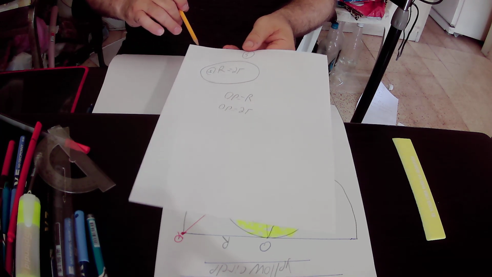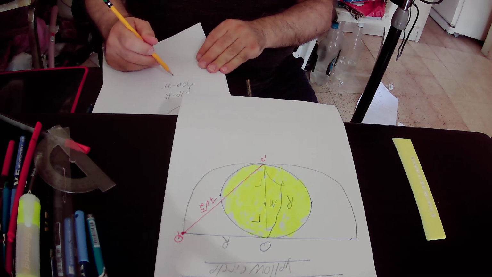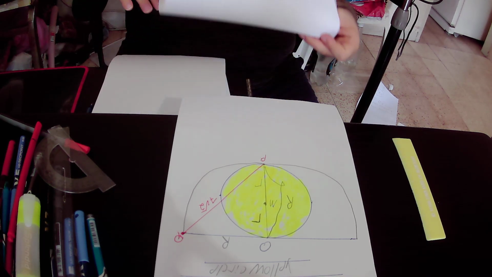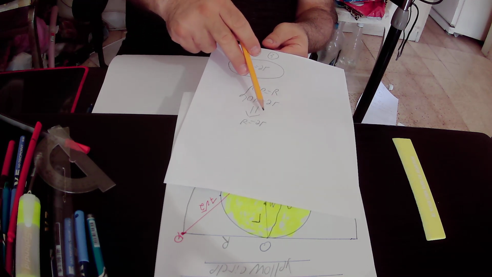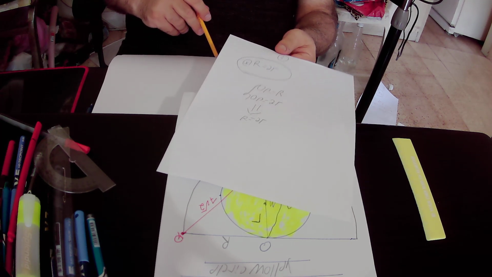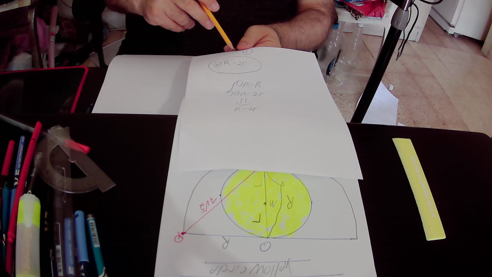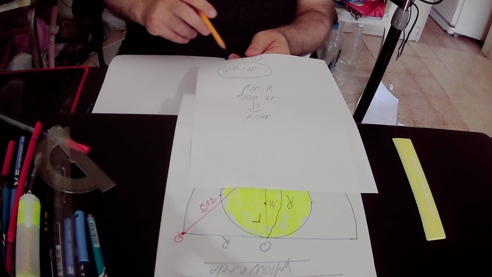Therefore, we can deduce from those two equations that capital R equals 2 times small r. Okay, very simple. So you can see it from the drawing, or you can arrive at the same conclusion by simple logic.